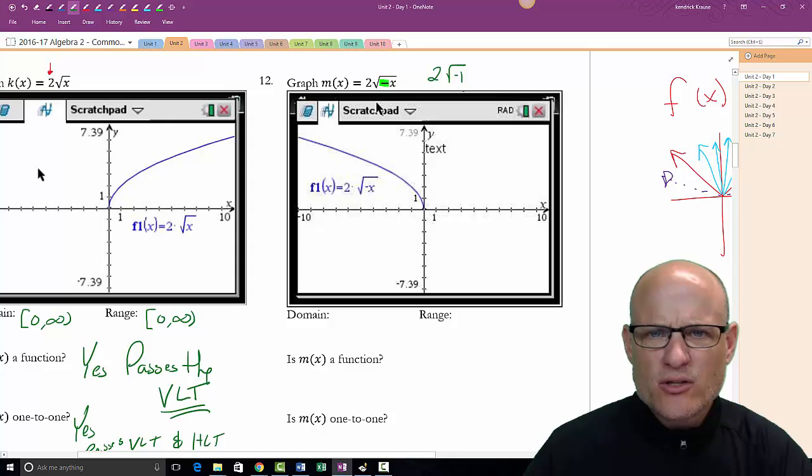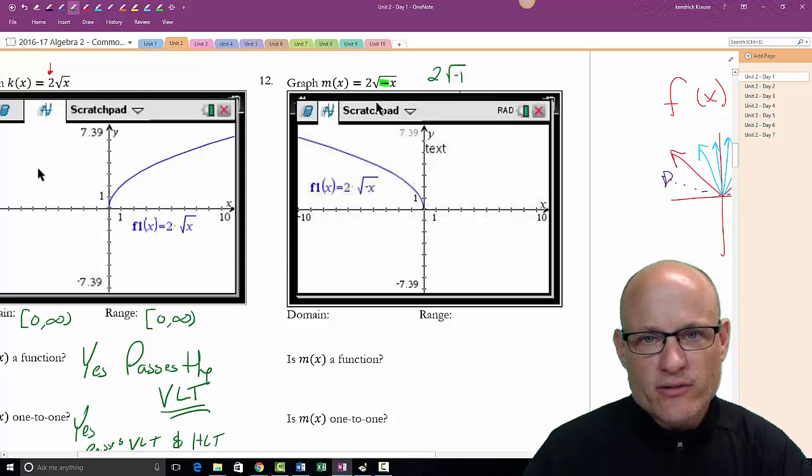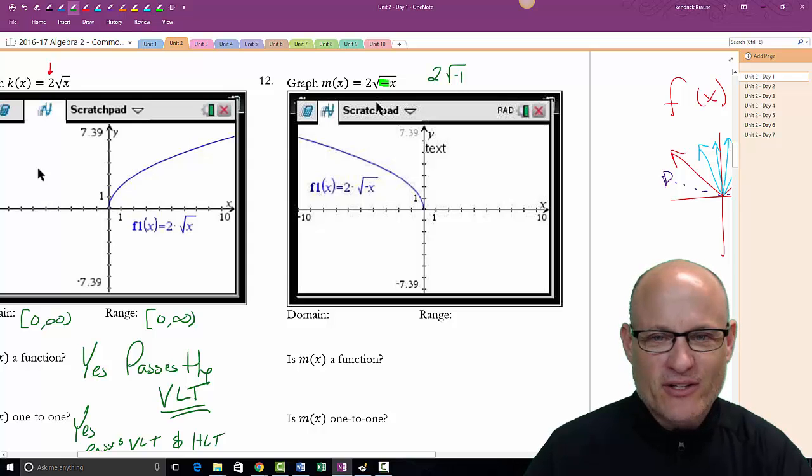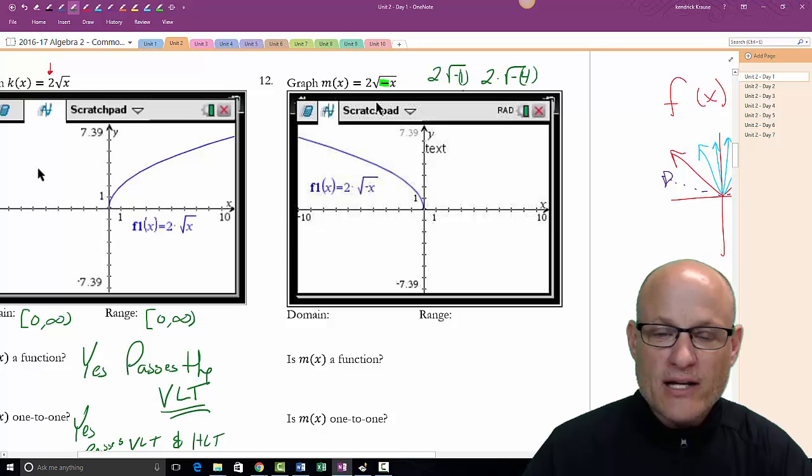Huh? You don't know what the square root of negative 1 is. Not until later in this unit. But right now, you don't even know what the square root of negative 1 is. So I can't put in 1. Can I put in 4? So 2 times the square root of negative 4, remember, putting it in for x. So that's not going to work. Okay. So you can't put in positive values.